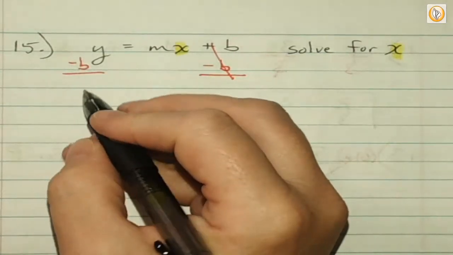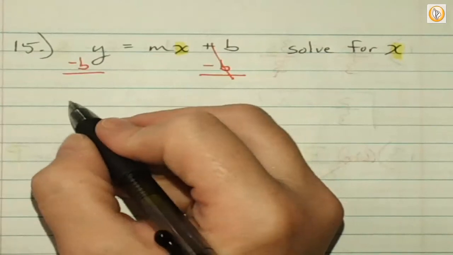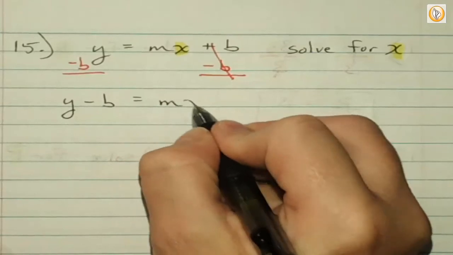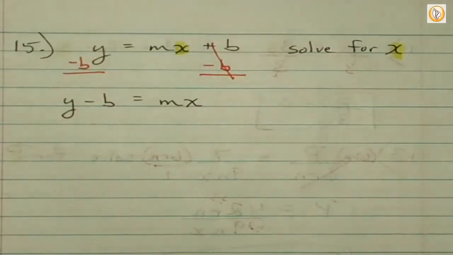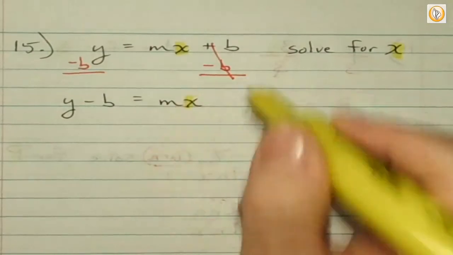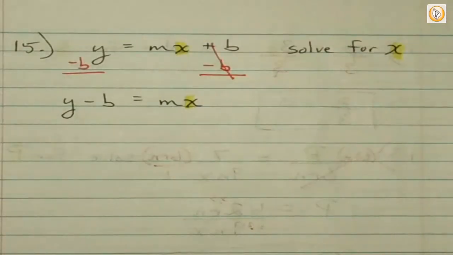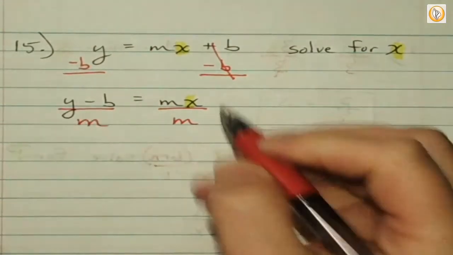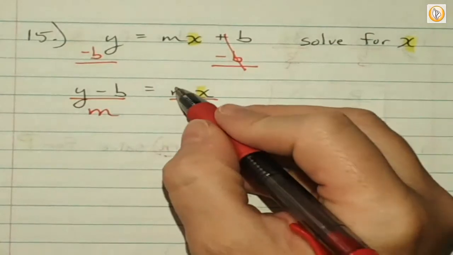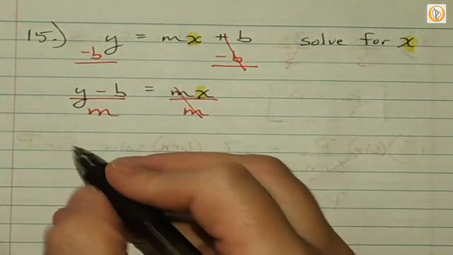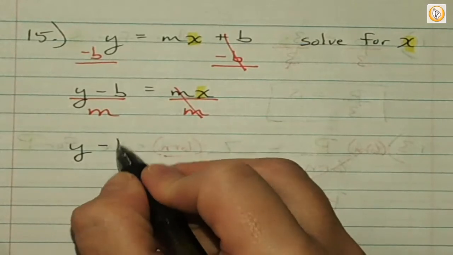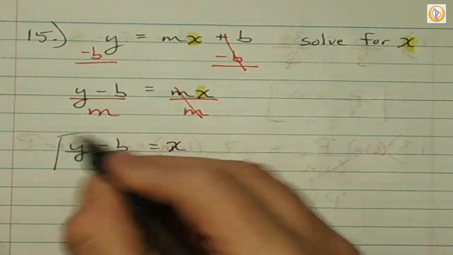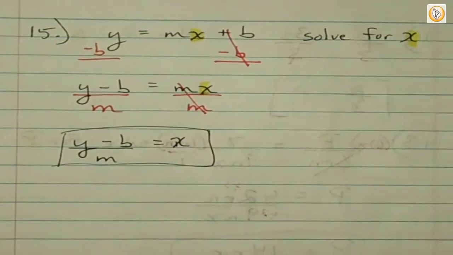And I don't care if you write y minus b or negative b plus y, I don't care. All right. Now what do I do? You divide both sides by m, and you divide the whole thing by m. It right now just makes it prettier. So you have y minus b over m equals x. Any questions?